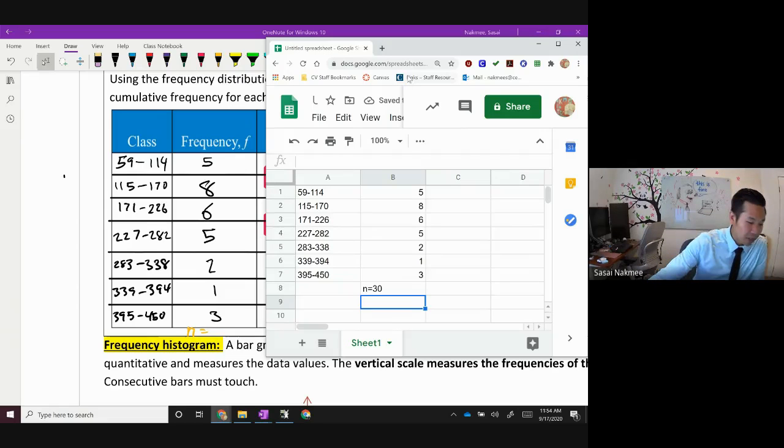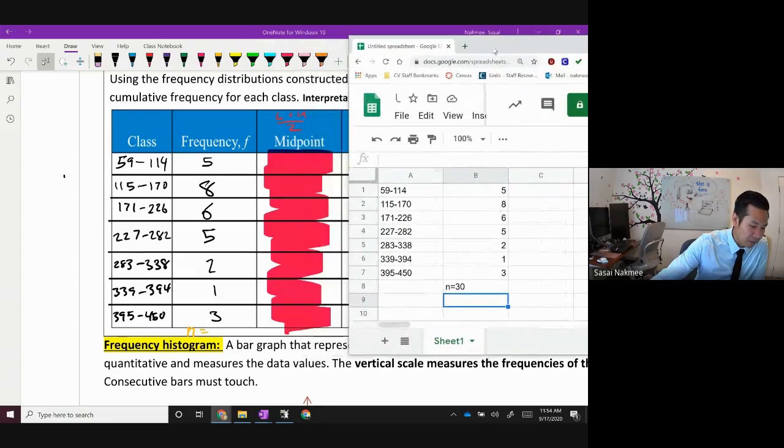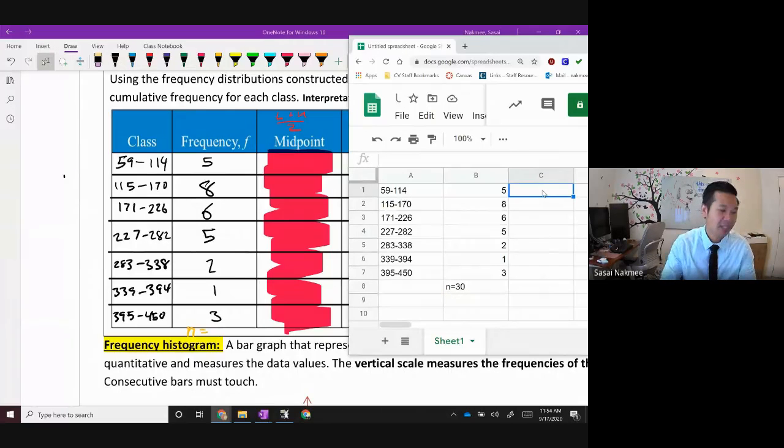Now the next part is the midpoint. Dun, dun, dun. The midpoint. So I could actually tell this thing to do the midpoint for me, right? Or you just type it into the calculator. But I'm gonna do it right here. If you want it to do math for you, you have to press equals first.